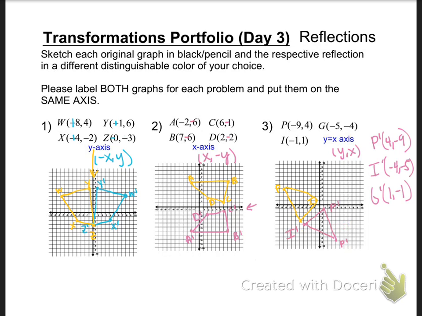Had my I in the wrong spot. Okay, so here is what it should look like. And remember, the y equals x line that we're mirroring off of is that line right there. Oops, this is G. Sorry.